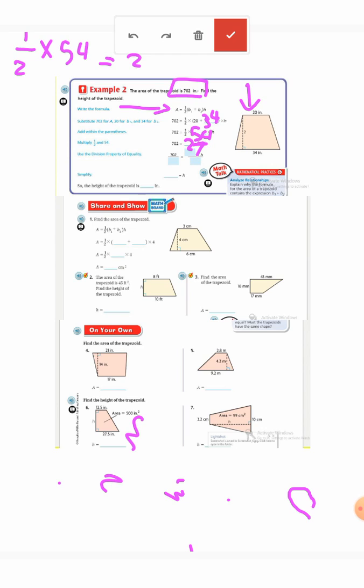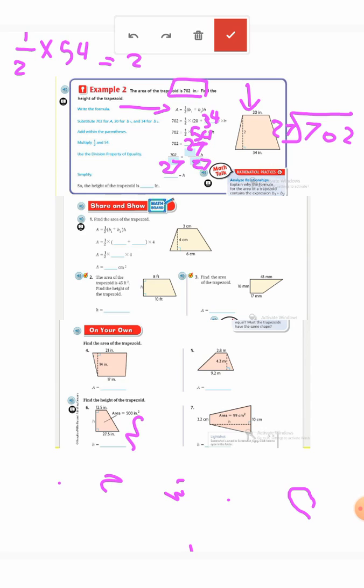After that, to find the height, we are going to divide both by 27. As we usually make, 702 divide 27. Let's remember the long division together. 7 divide 27, it cannot. So we are going to take 70.